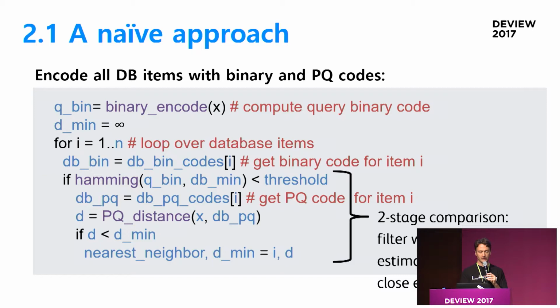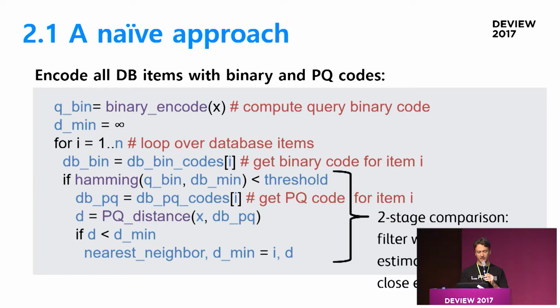So this two-stage comparison speeds up the process a lot, because the first fast Hamming distance acts as a filtering stage. Then we do the costly comparison with PQ only for a subset of the items that pass the test.